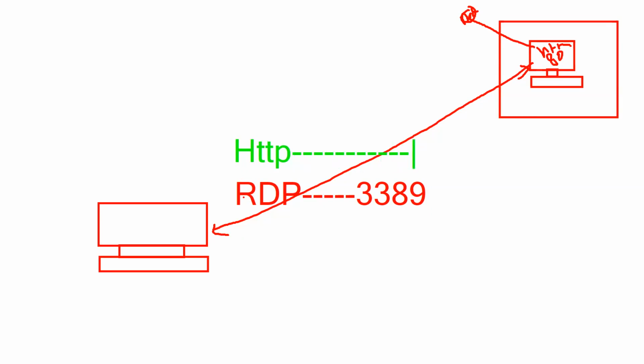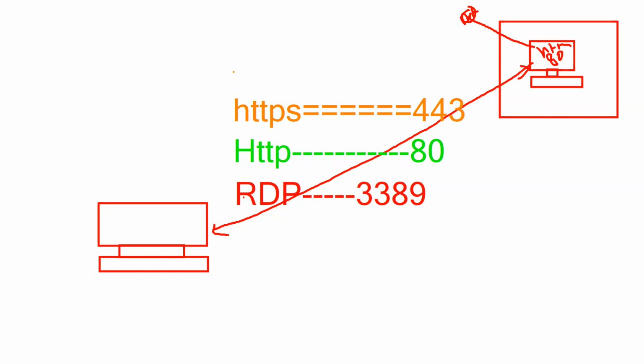Port number 80. Clear? Next, HTTPS is another port number. What is the port number for HTTPS? 443.